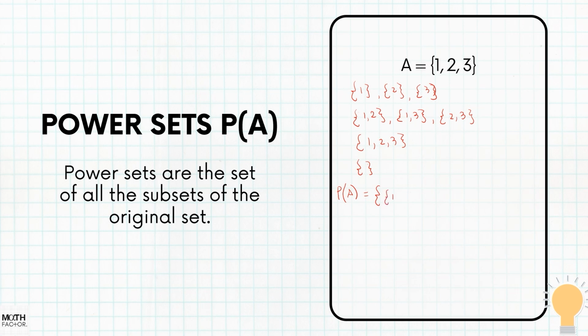So we have {1}, {2}, {3}, {1, 2}, {1, 3}, {2, 3}, {1, 2, 3}, and empty set. So this is how we're going to write a power set.